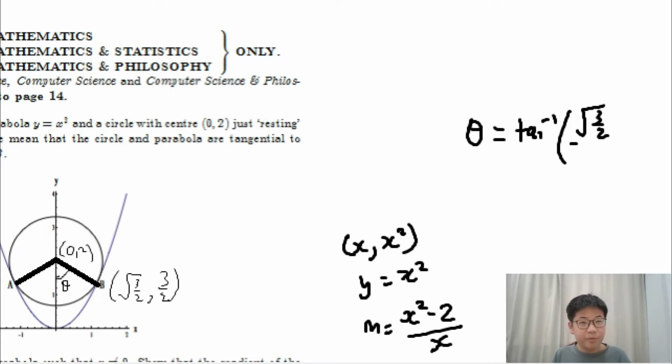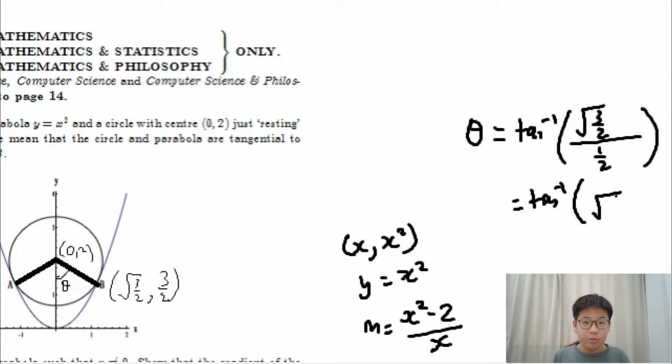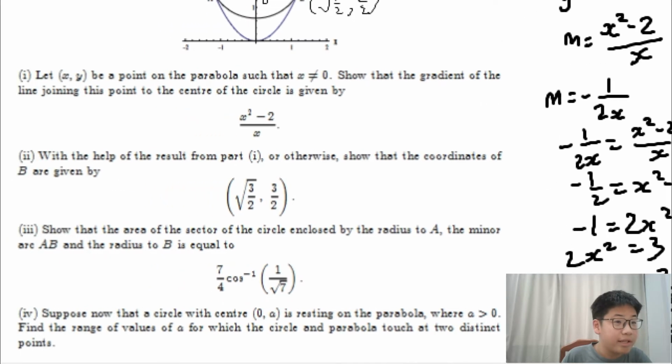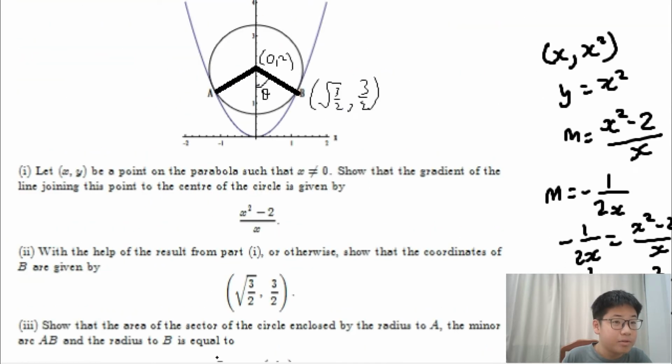Again, I don't like this rationalized, but when I have 1 over the square root of 2, I would absolutely want it rationalized. So square root of 3 over 2 over half equals tangent inverse square root of 6, and then you check it, it seems to be right. So the sector enclosed by the radius to A, the minor arc AB, and the radius to B is given by this.